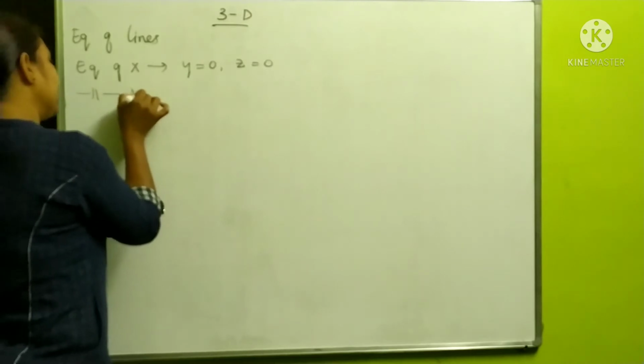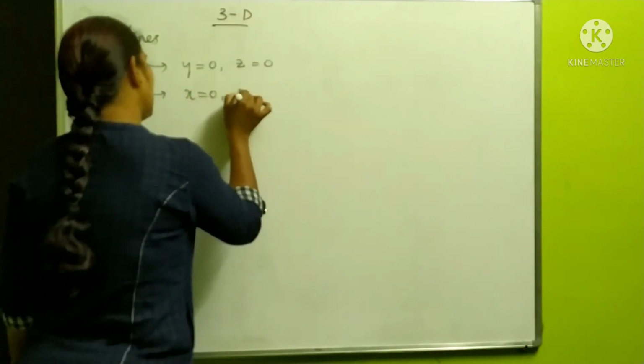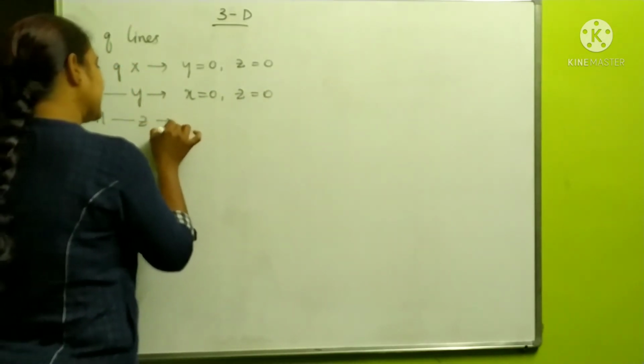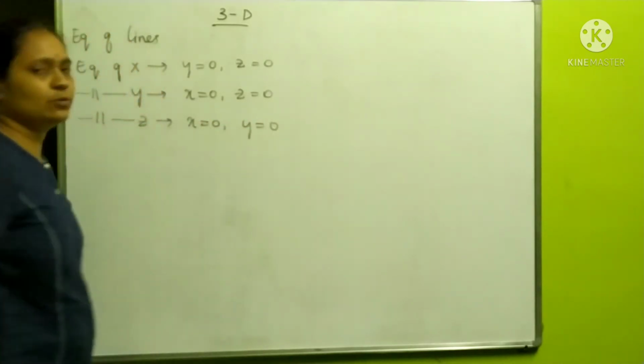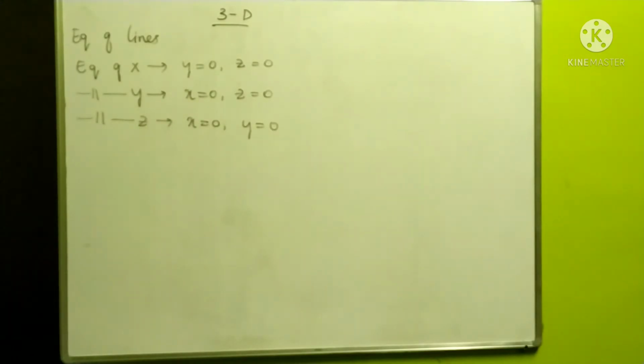Similarly, equation of y-axis is x is equal to 0, z is equal to 0. Equation of z axis is x is equal to 0, y is equal to 0. In 3-dimensional geometry, you have to represent equations like this.